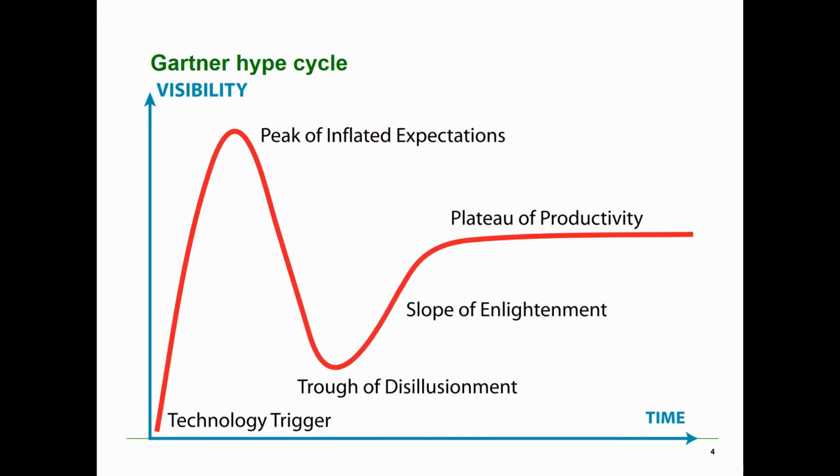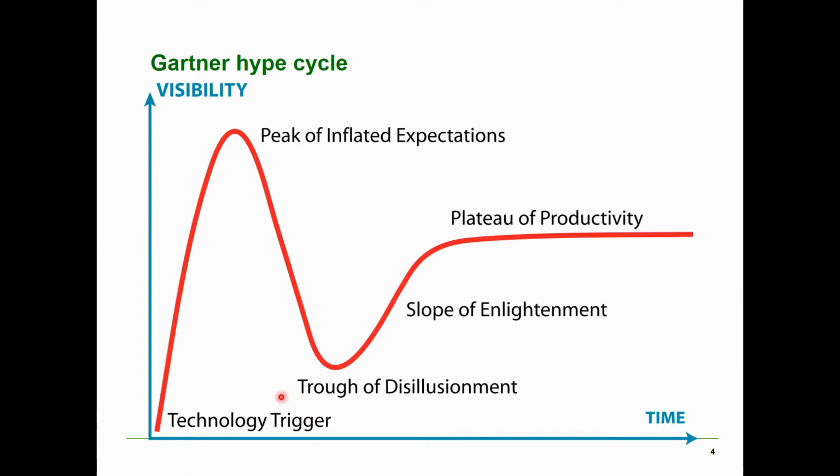Okay, but what is this Gartner hype cycle? I pulled this one from Wikipedia. It's actually some kind of a generalization that explains behavior. On the x-axis, we have time, and on the y-axis, the visibility or kind of enthusiasm of people about some issues.